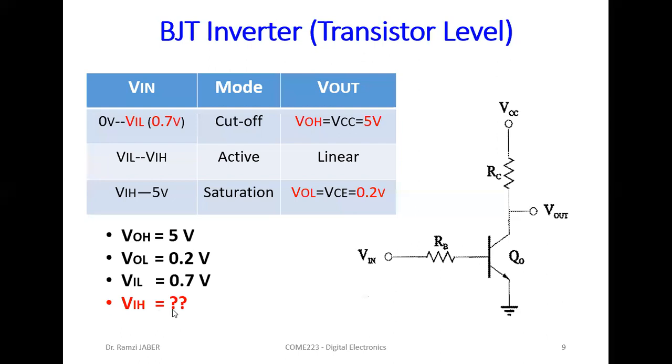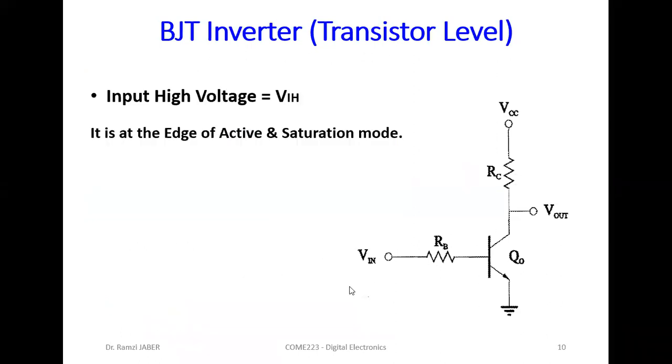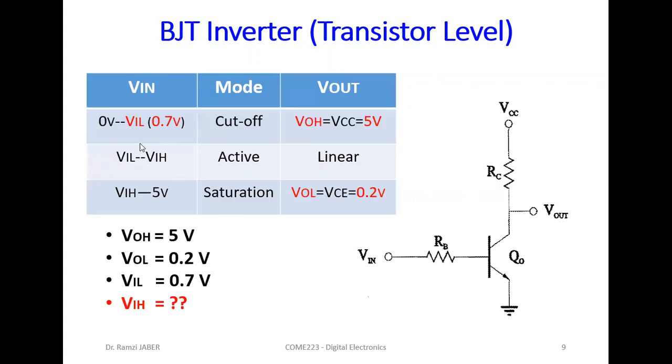So it depends on 3 variables. Now, to calculate the input high, it will be the common intersection between active mode and saturation mode.